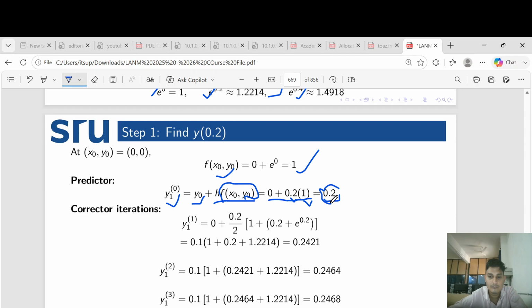Now we apply the formula for y1. We evaluate these values at the y1 iteration. So this is the predictor formula, the predict, and this is the corrector iterations.